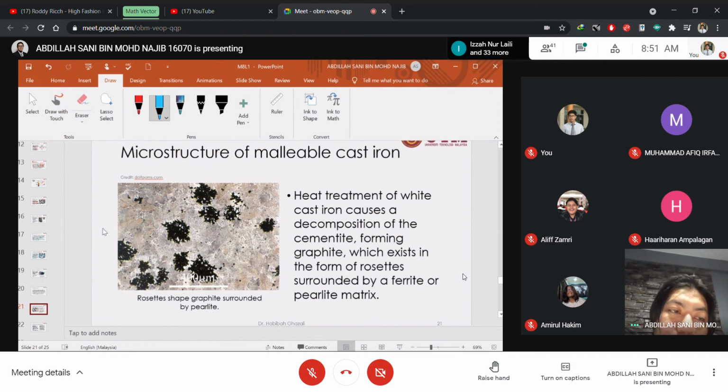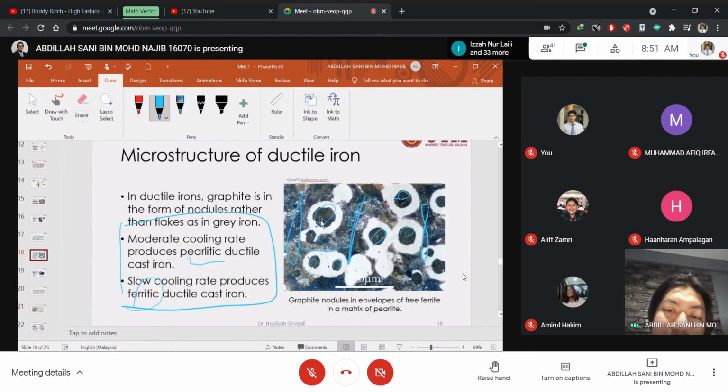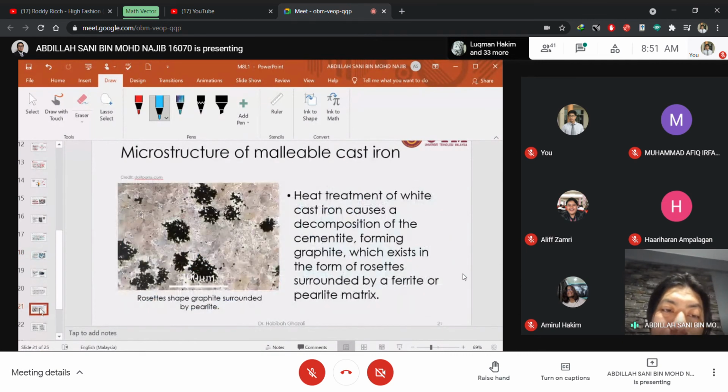So just now the nodular looks like a circle or like nodules, but for malleable cast iron, where we use white cast iron and heat it in a furnace to promote diffusion, it aggregates and gets together, but it's not as clean as a nodule, so it has an irregular shape.